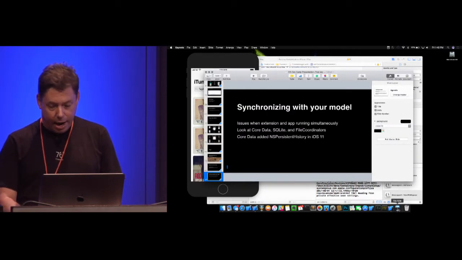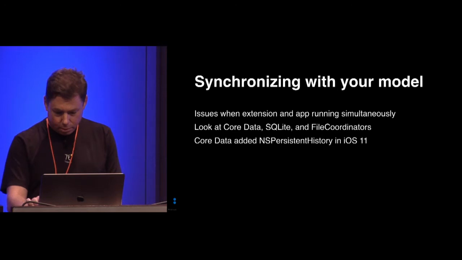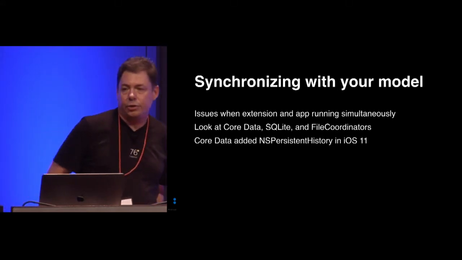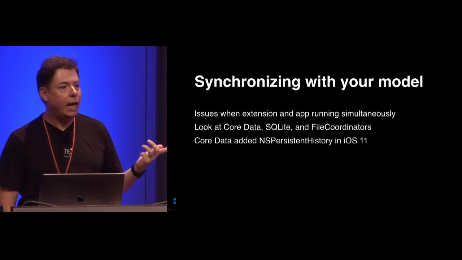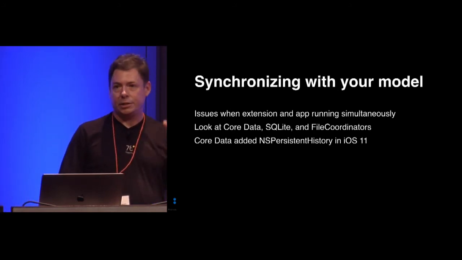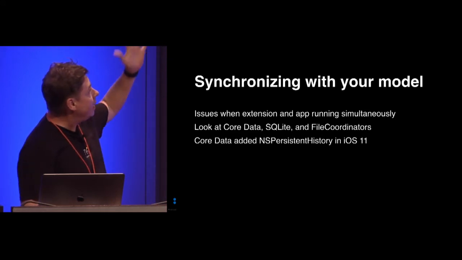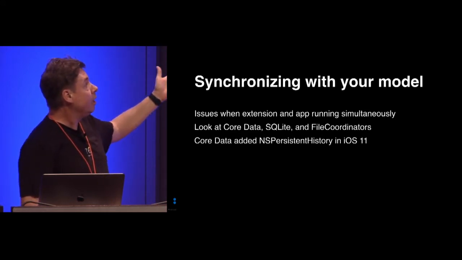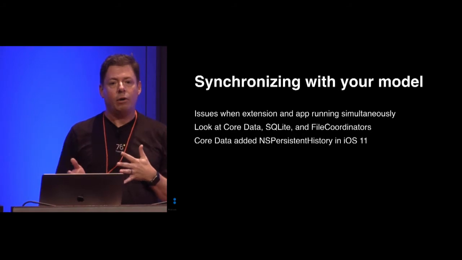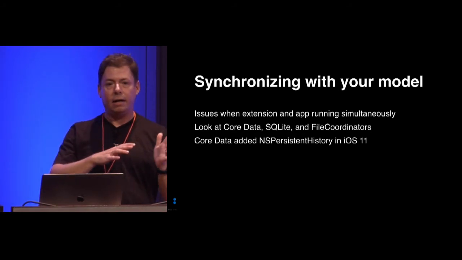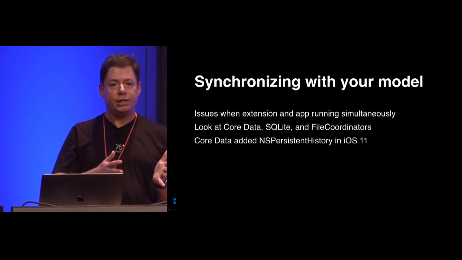And in iOS, they introduced some technology into Core Data with this last release to specifically address this sort of problem. They have the notion of NSPersistentHistory. At any time, your application can pass a date or a token that you get from Core Data, and it'll tell you about all of the changes since that date.